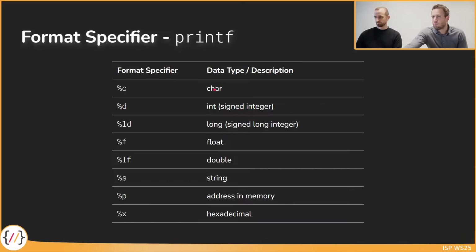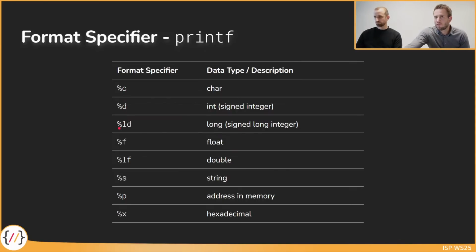So if we want to print out the value of a character variable, for example a letter A that is stored in this variable, we use the %c placeholder. And we could use an arbitrary number of placeholders within one format string, but it has to fit the amount of variables we then add after the format string.